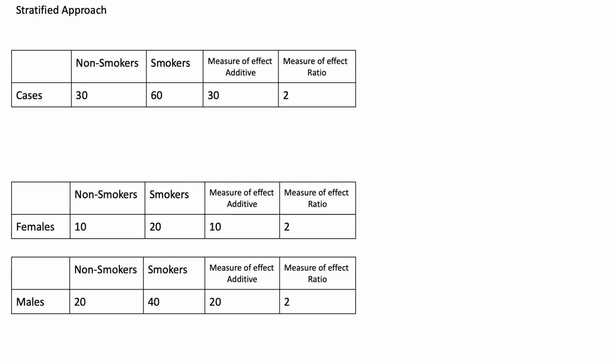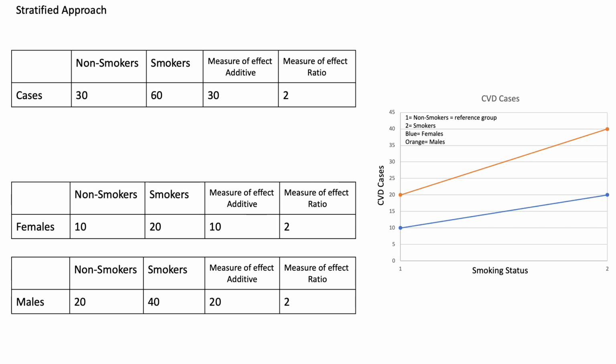If these numbers are not very intuitive, we can take a look at the plot. So on the x-axis is the smoking status, the 1 are the non-smokers and the 2 are the smokers. And we can see that the blue line represents the females. So there are 10 females who are detected with cardiovascular disease who are in the non-smoker group, and then there are 20 females who are smokers and had cardiovascular disease.